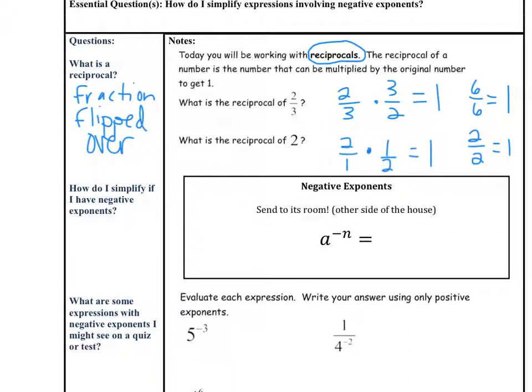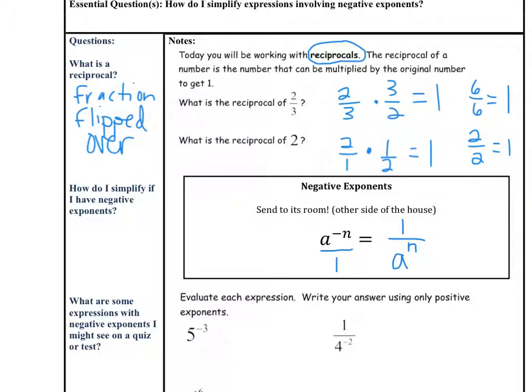If I want to leave this simplified, I need to make it a fraction. So I put a 1 underneath of it, and then I need to use the reciprocal. So I'm going to flip this fraction over. There used to be a 1 on the bottom, now there's a 1 on top. There used to be A with an exponent of negative N on the bottom, now there's the base A with an exponent of positive N next to it.